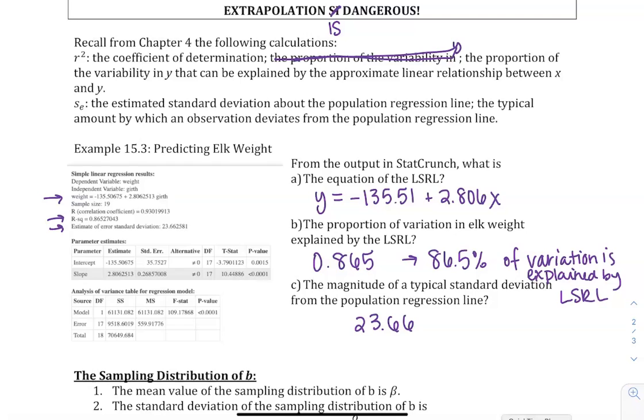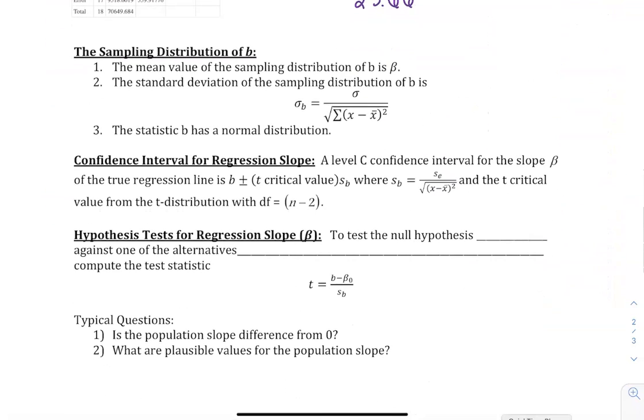Now we want to take this a step further and look at the sampling distribution of B. B is our estimate for the true slope. So here the mean of our sampling distribution is going to be centered around the true slope. And then the standard deviation is going to be found by calculating the standard deviation of the whole population and dividing it by the square root of the sum of all of the deviations squared.